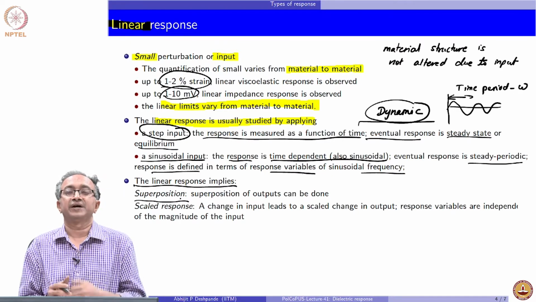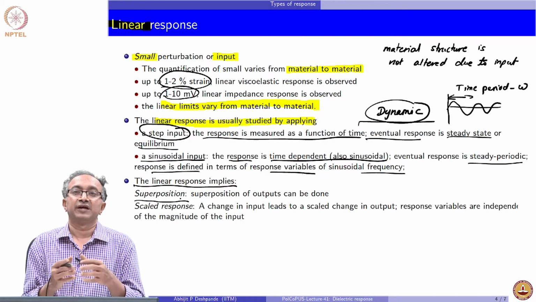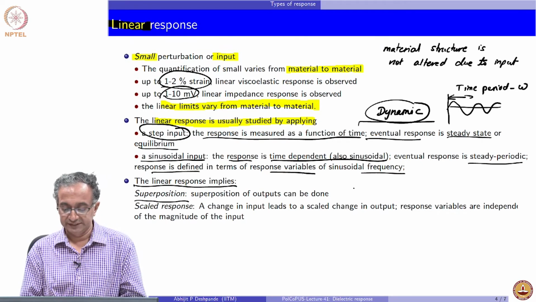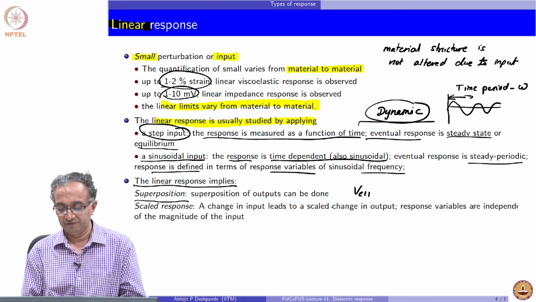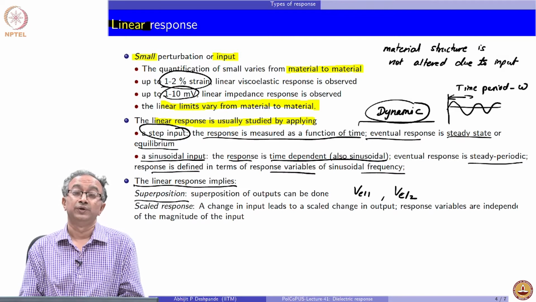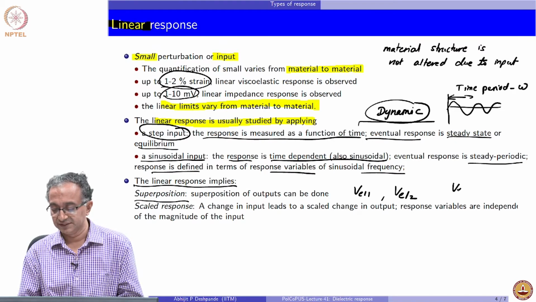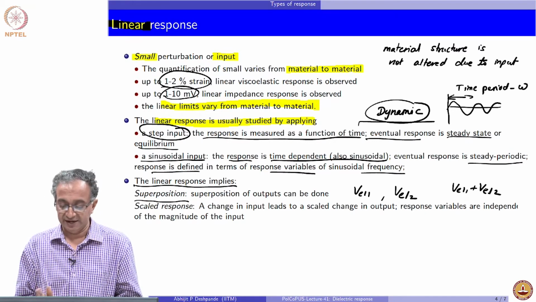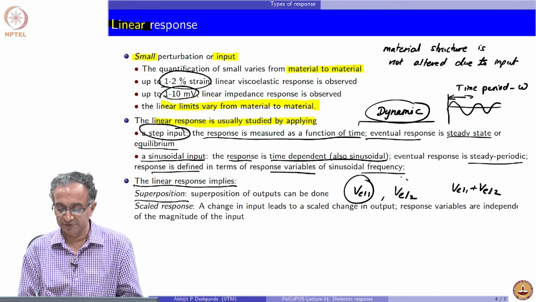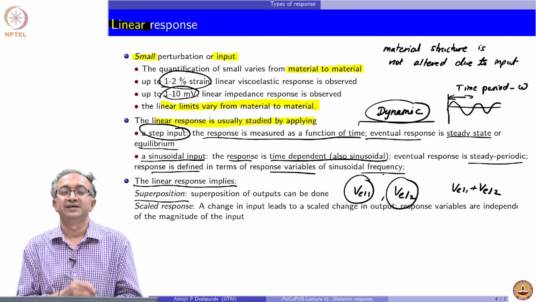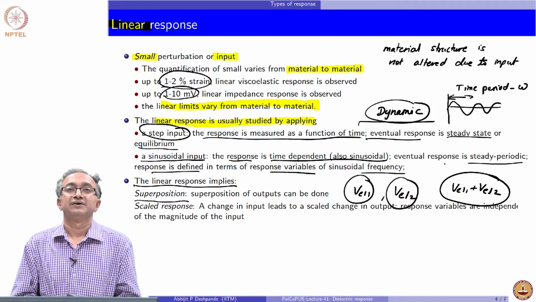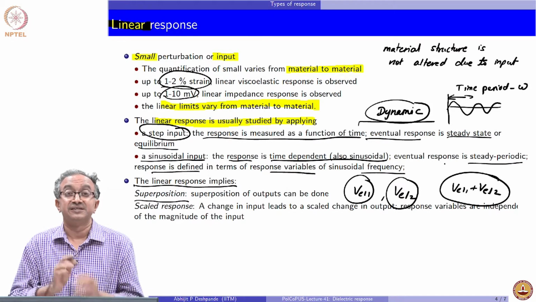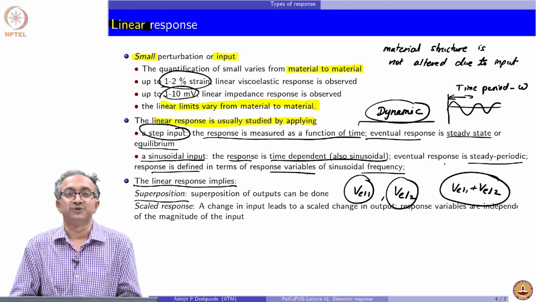So, for example, let us say I can do an experiment where I apply voltage 1 and then another experiment where I apply voltage 2, and the question is, if I apply these together, quite often your instinct would be to say that I can take the output from the first experiment and the output from the second experiment and just sum them up and I will get the output of the third experiment, and this is precisely what is meant by a linear response.